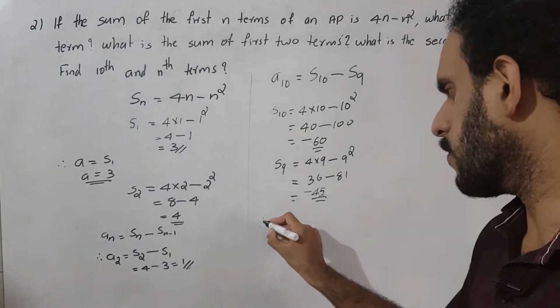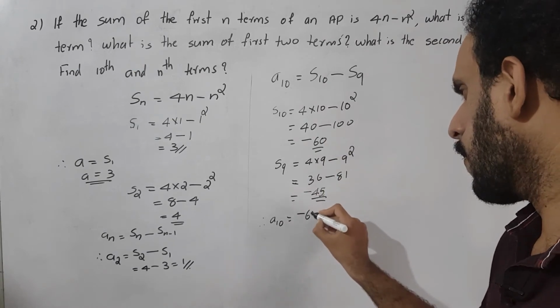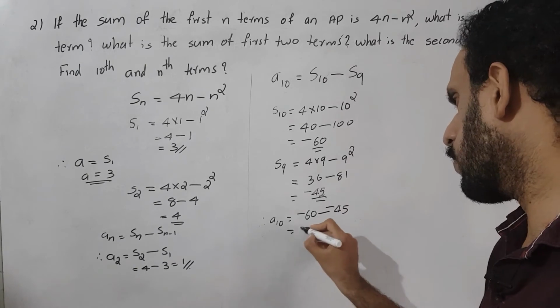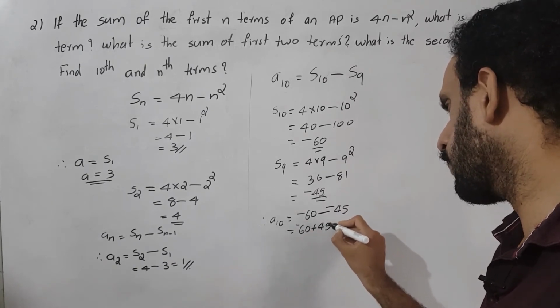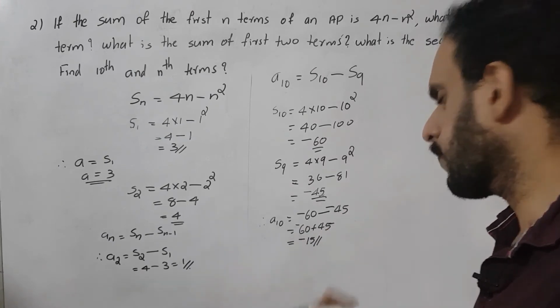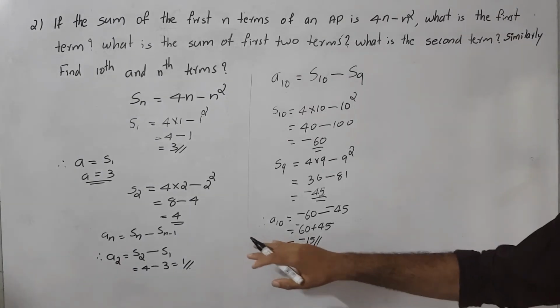Therefore, A10 is equal to minus 60 minus minus 45, which is minus 60 plus 45. Then it is equal to minus 15, correct? Now we got A10.